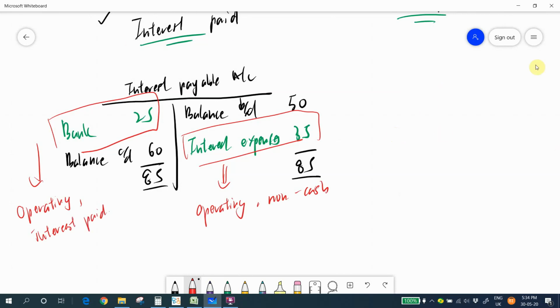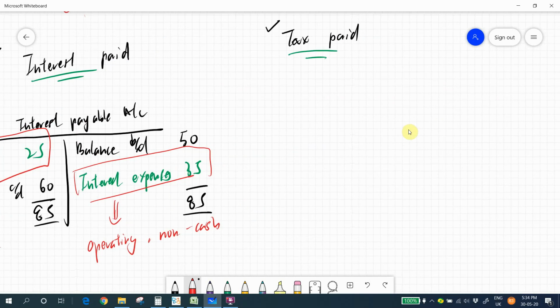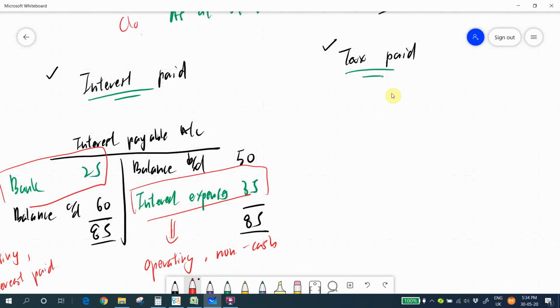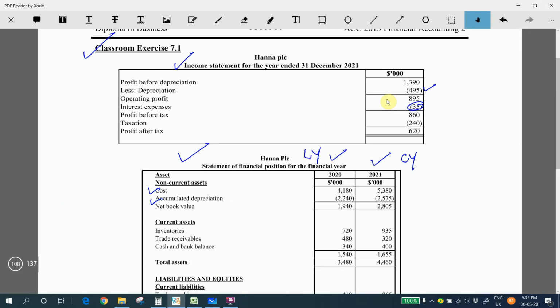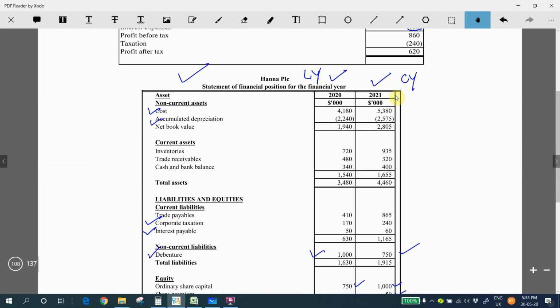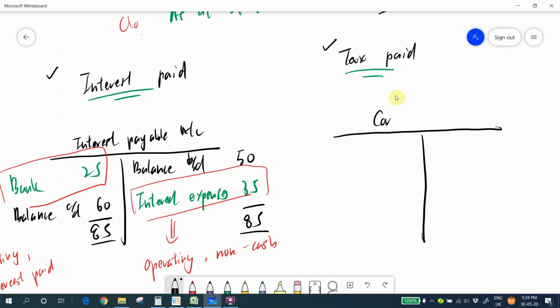Next, similar to your interest paid account, we have to prepare or do a working to find out how much of the tax that we actually paid. So we draw a simple T account, and this account is a corporate taxation account under current liability. So we write corporate taxation, under your current liability.